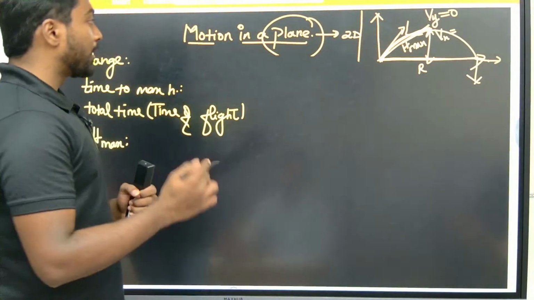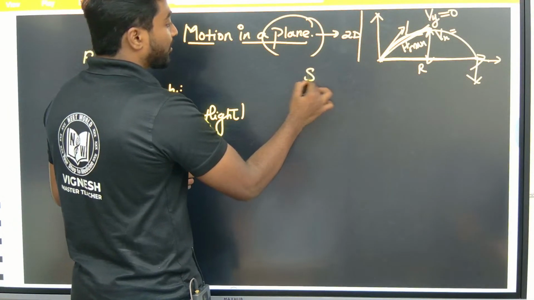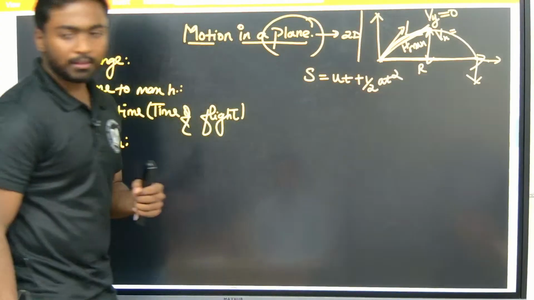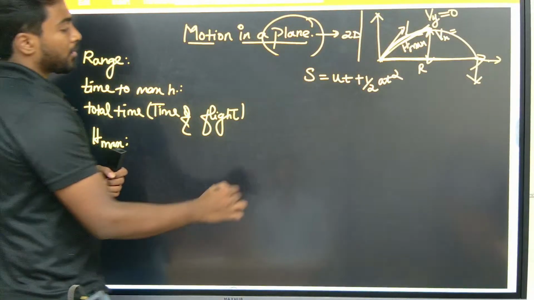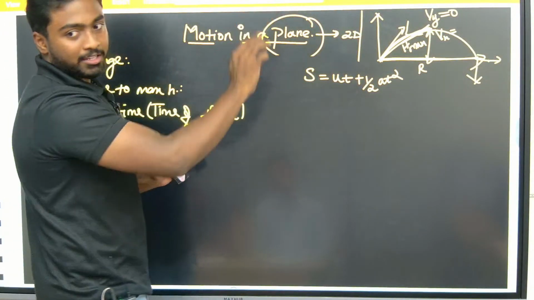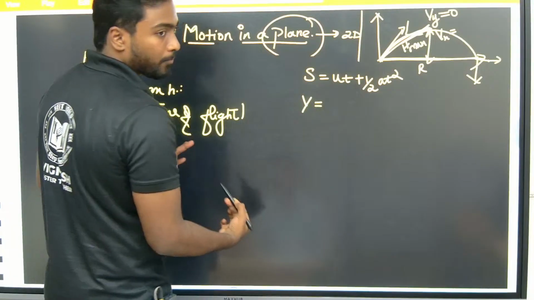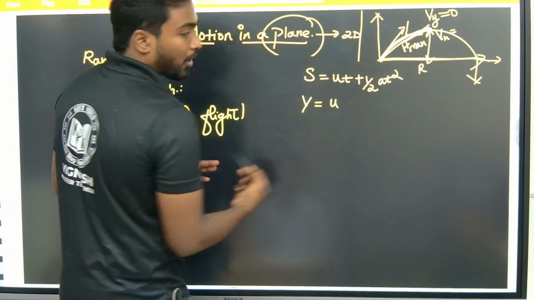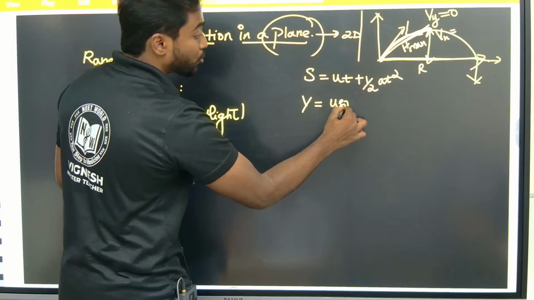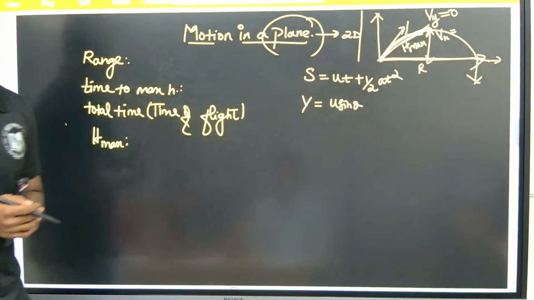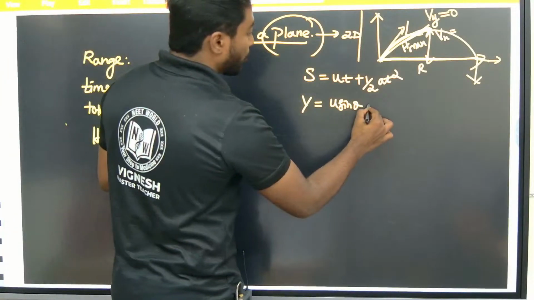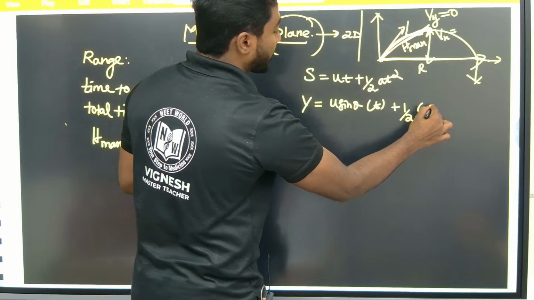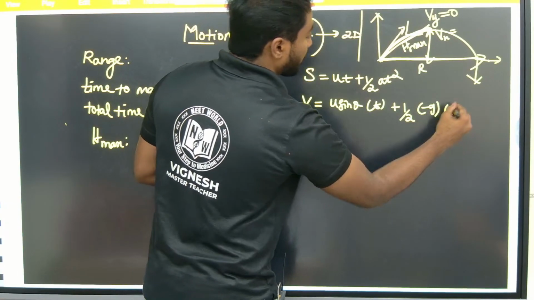For that we will take s is equals to ut plus half at square. In the y direction, y is equals to u sin theta into t plus 1 by 2 into minus g into t square.